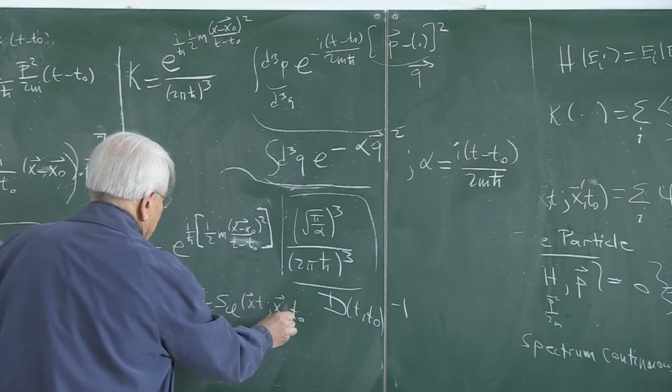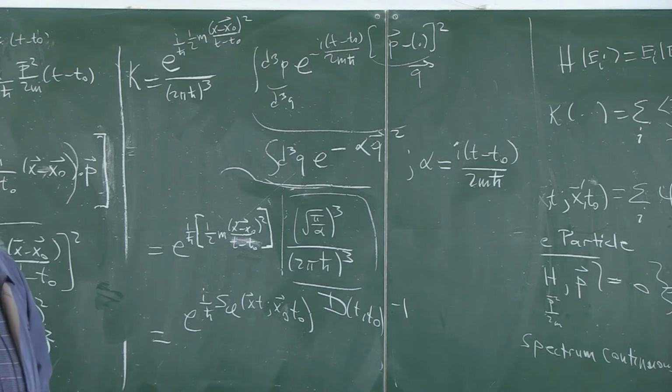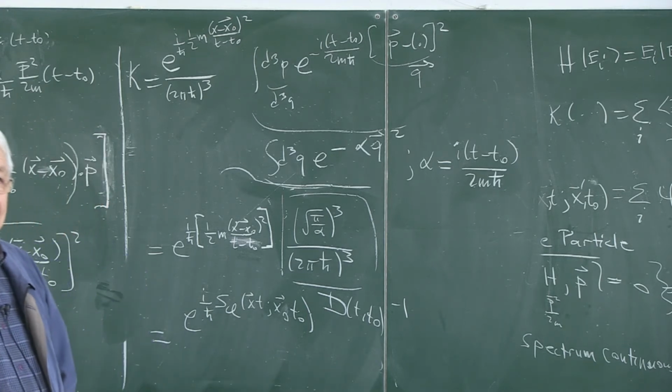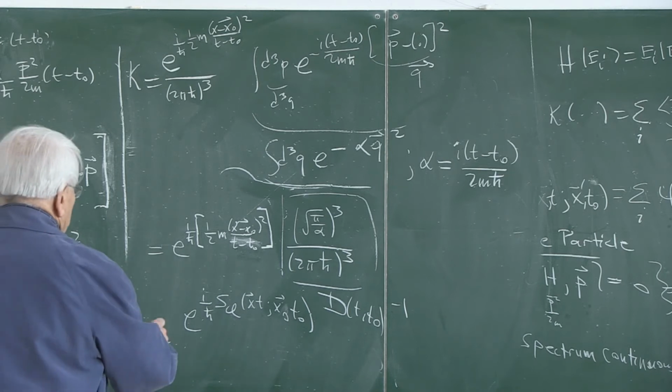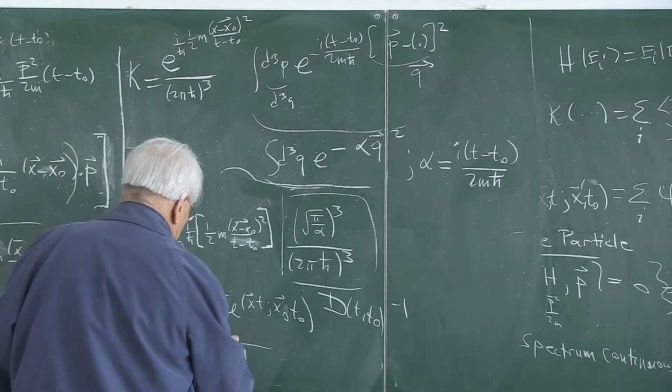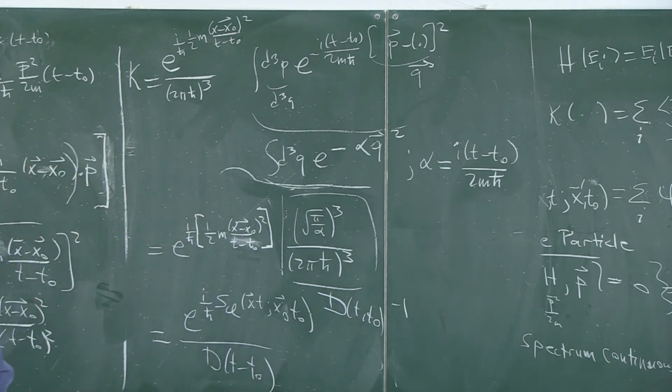Kemal, that's where the Lagrangian is coming in. Kemal always wondered, why Hamiltonian? Lagrangian is so important in classical mechanics. Why don't we have any physical use of it? You see, we are moving there. Divided by D. Notice that it's only a function of t minus t0, really, beautifully.